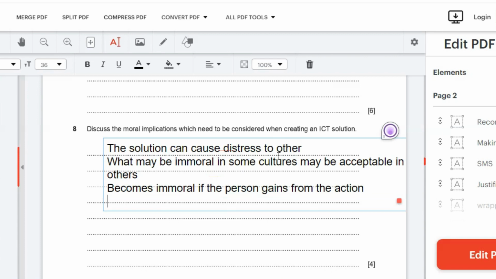If you gain from it, then it is not good enough. Also, not creating a website full of false facts or news.